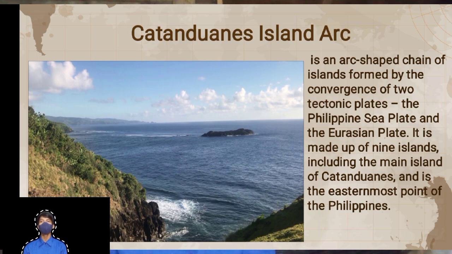The island arc is composed of volcanic rocks, such as andesite and basalt, and sedimentary rocks such as limestone and shale. Its formation is believed to have started some 8 million years ago and has been shaped by the action of tectonic forces, earthquakes, and volcanic activity.